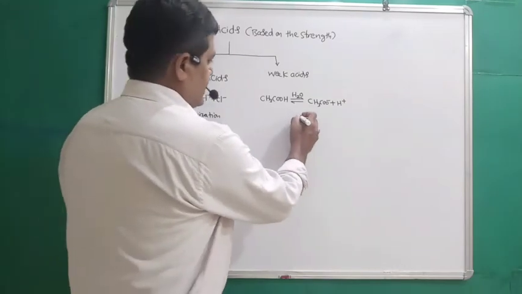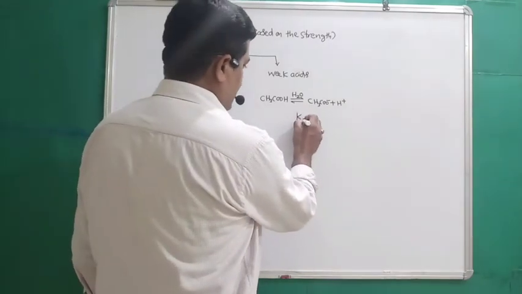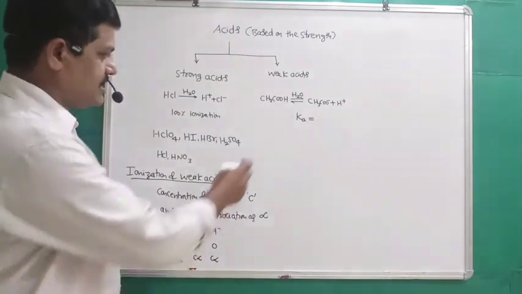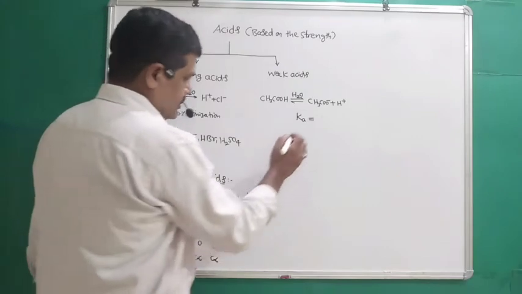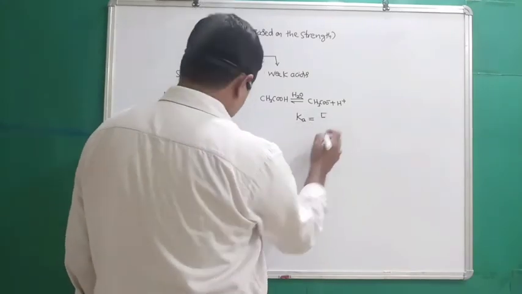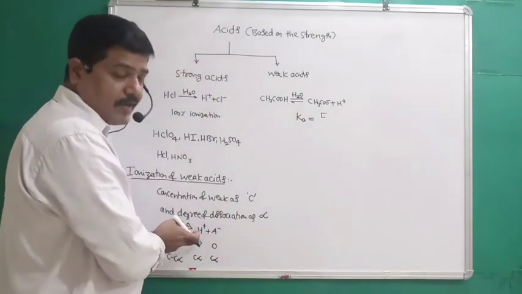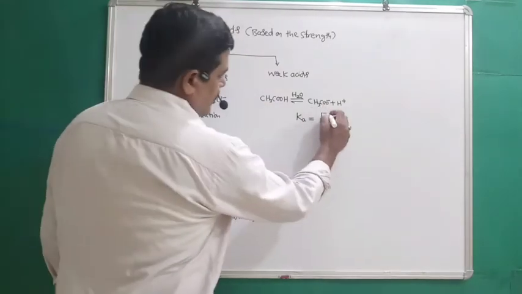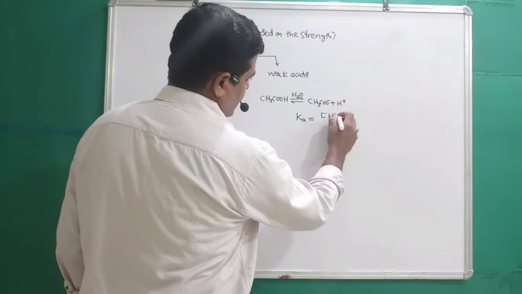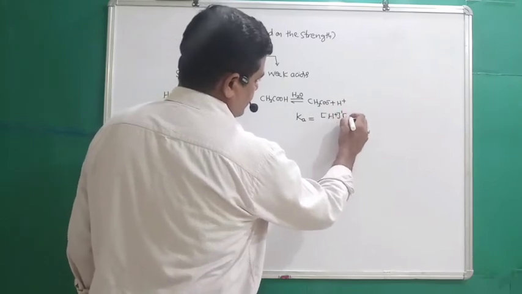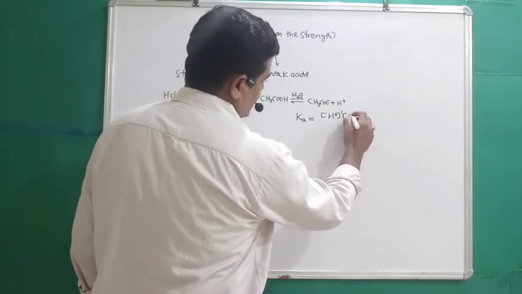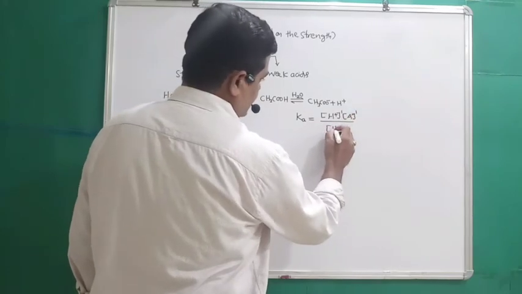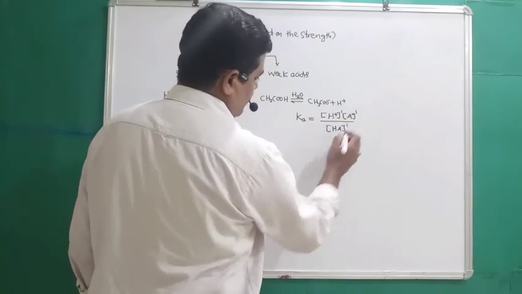Let us write the equilibrium constant for this reaction. Acid ionization constant, we can represent it as Ka. That is the product of active masses of the products raised to the power of their stoichiometric coefficients: H+ power 1 and A- concentration power 1, divided by concentration of HA power 1.